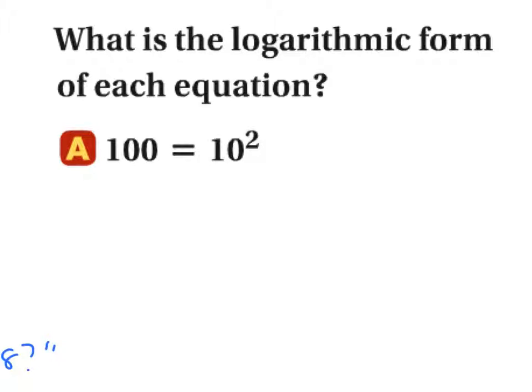All right? And the key to doing that is rewriting this first. I don't want it to say 100 equals 10 squared. I want the exponent stuff written first in my equation. So I'm going to rewrite this as 10 squared equals 100. Okay? Because now I'm seeing it the same way every time. All right? And then I remember the phrase, log is the exponent.